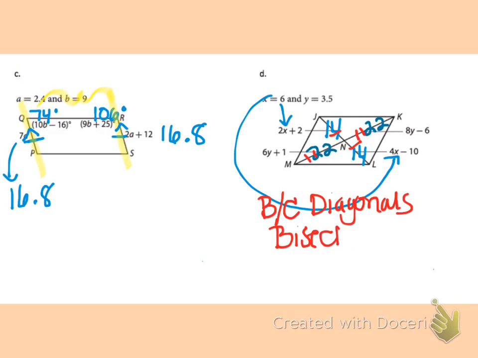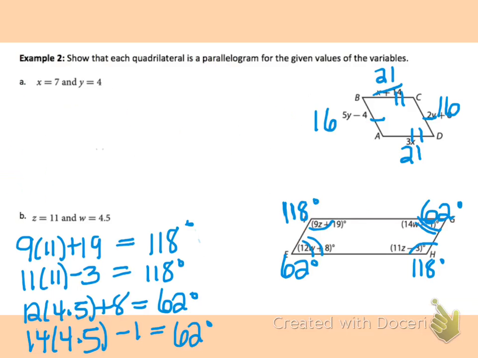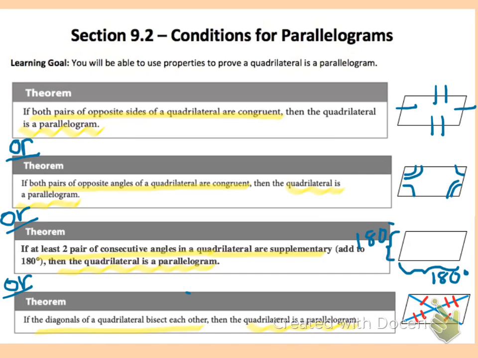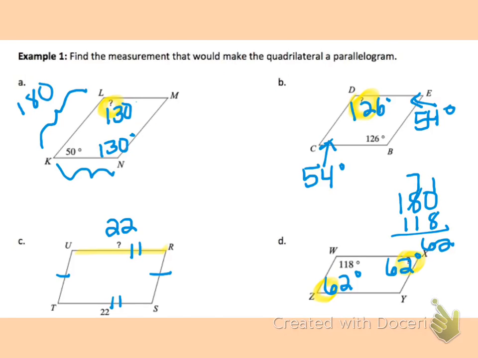Diagonals bisect each other. And that's part of the conditions for a parallelogram theorem. In fact, it's this very last one right here. Okay? And let's go back and do that same thing with some of these other ones, see if we can identify the part of the theorem that says that that must be true.